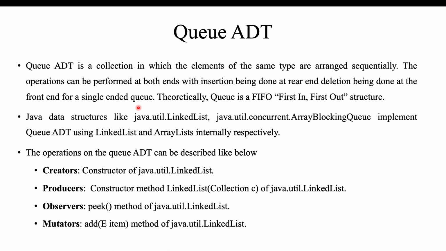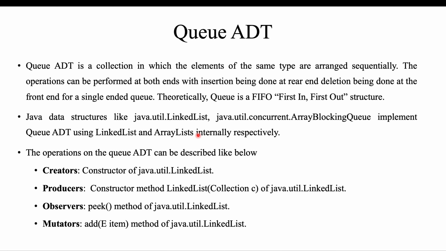In case of a single ended queue, insertion would be done at the rear end and deletion at the front end. That means the first element to go in will be the first element to be deleted as well.